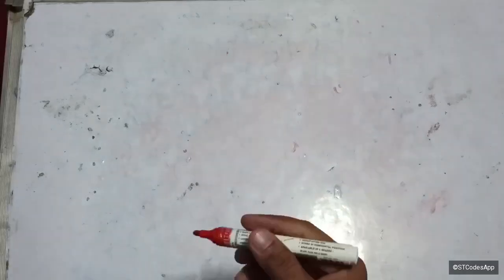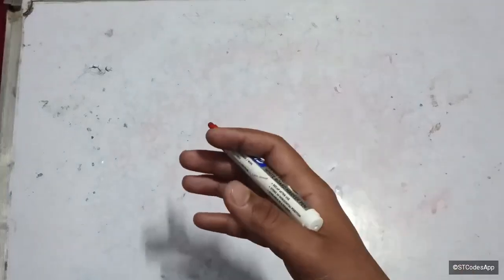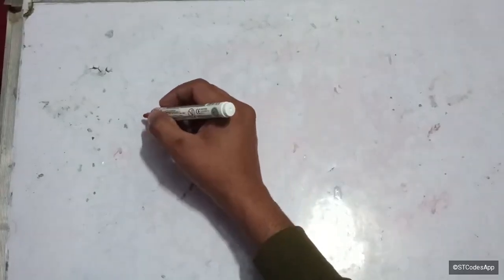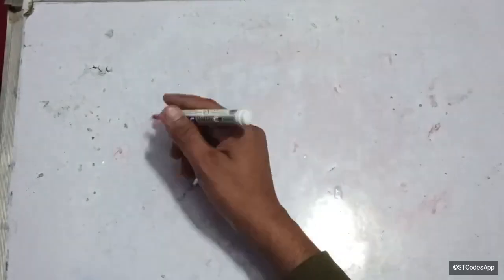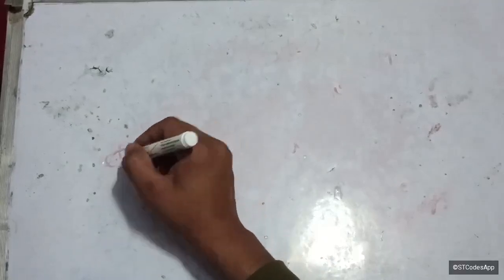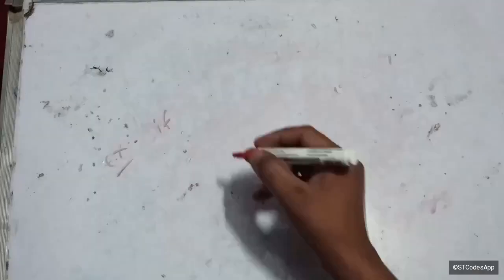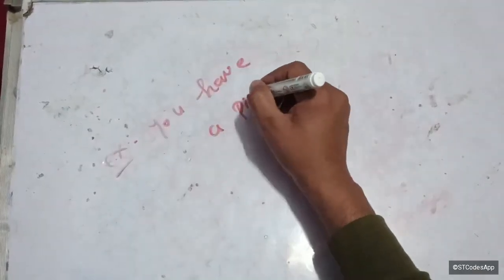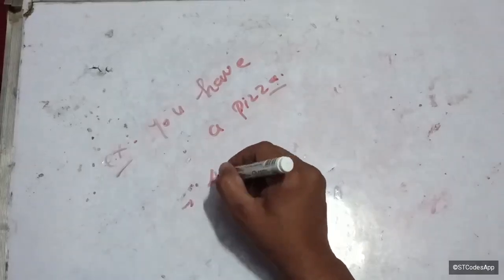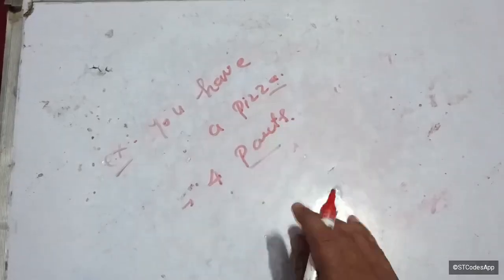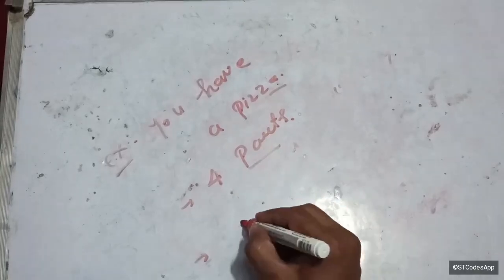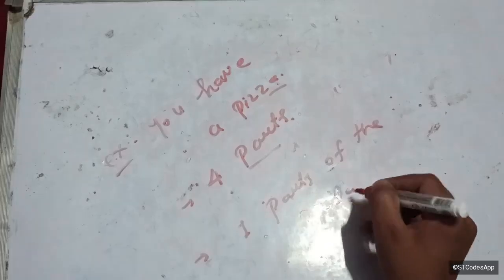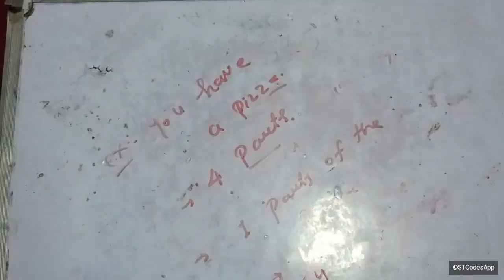By example, today we are going to understand fractions. Let's assume you have a pizza that's divided into four parts. If you take one part of the pizza, then it is known as 1/4.